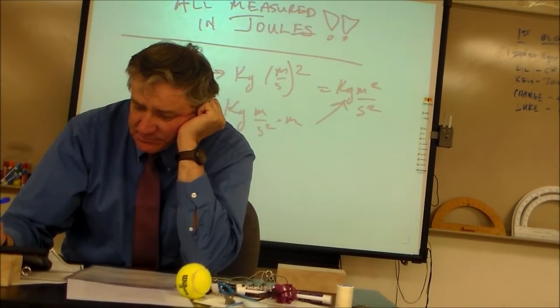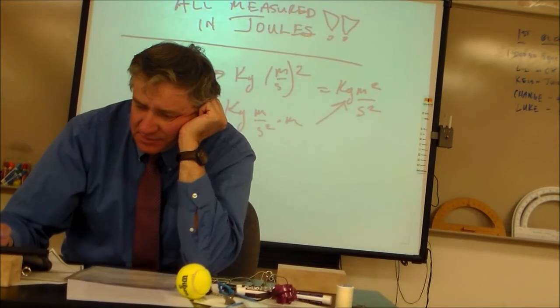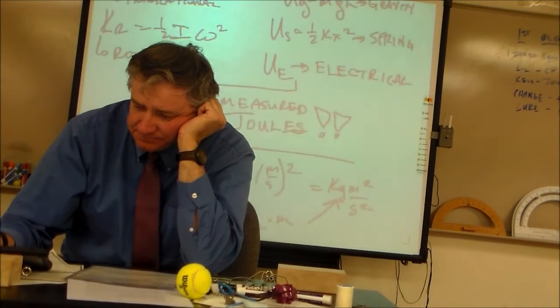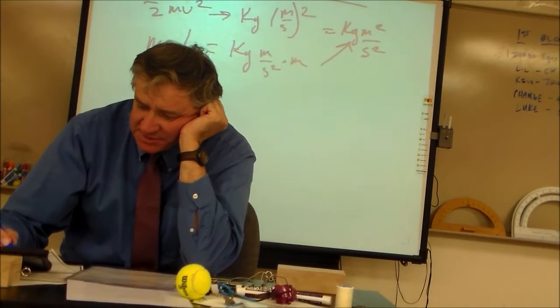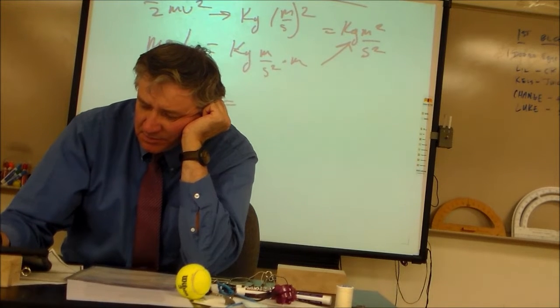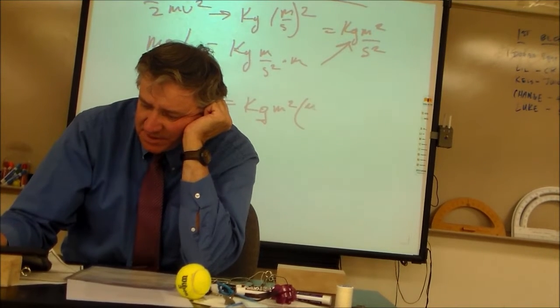Okay? And then if you look at moment of inertia, 1/2 I omega squared. Well, remember I is kilograms meters squared. Omega is radians per second, but that's going to get squared.